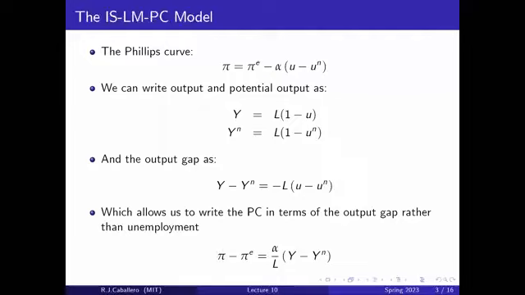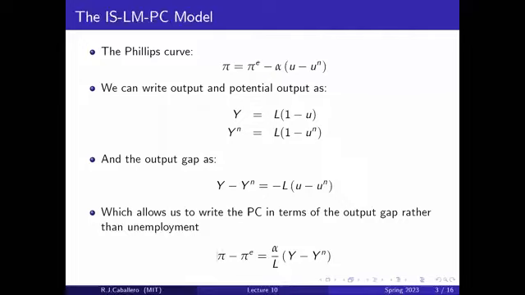And we did that just by noticing that the output is equal to the labor force times 1 minus the unemployment rate. Similarly, you can define potential output or the natural output level as L times 1 minus the natural rate of unemployment. Subtract these two, and you get that the output gap is equal to minus L times the unemployment gap.